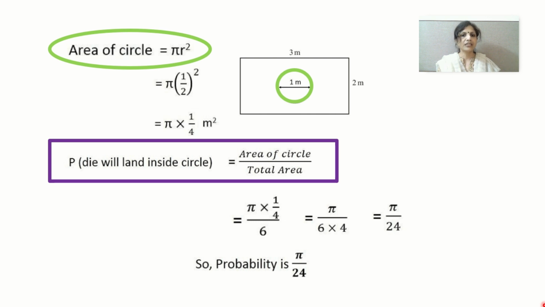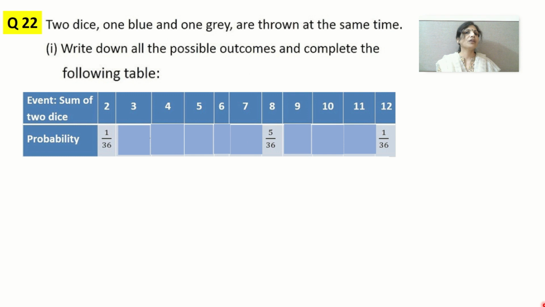Moving ahead to the next sum. This is question number 22 from exercise 15.1 and pretty interesting sum. Have a look at this. Two dice, one blue and one grey, are thrown at the same time. Write down all the possible outcomes and complete the following table.